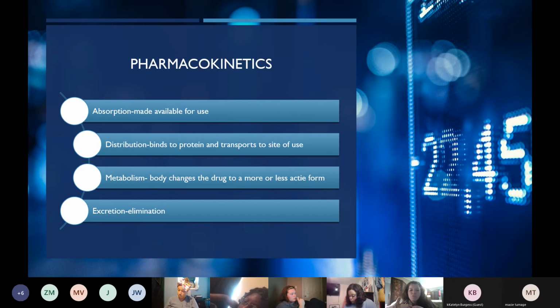Distribution is when these medications bind to a protein and it transports them to the site of use, okay? So not all medications can be used in the gut where they originally dissolve, right? They have to be sent out into other areas of the body. So that is distribution, okay?